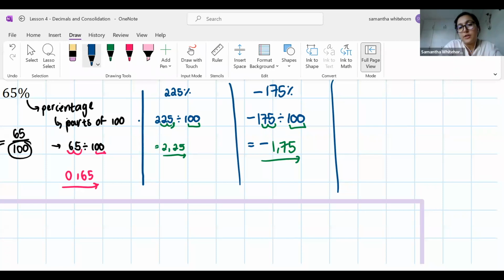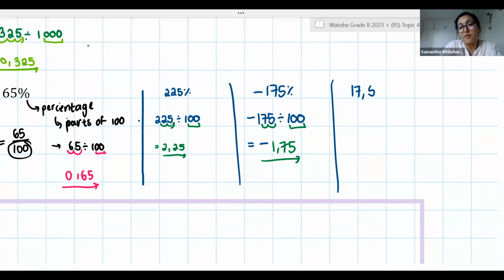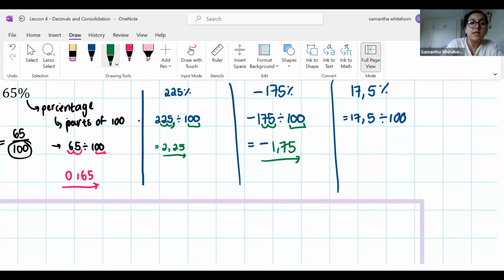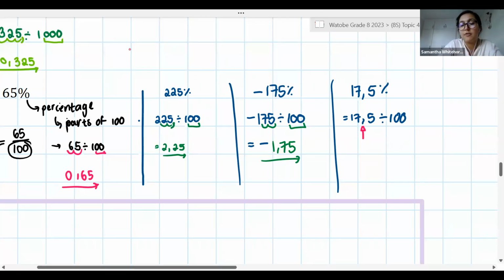Just because as I was doing this, I thought of something. If I gave you, for example, 17.5%, this is essentially 17.5 divided by 100. We use the same method, but what we need to be careful of is that my decimal is already there at 17.5. So when I divide this by 100, I take where the decimal currently is and move it 1, 2.